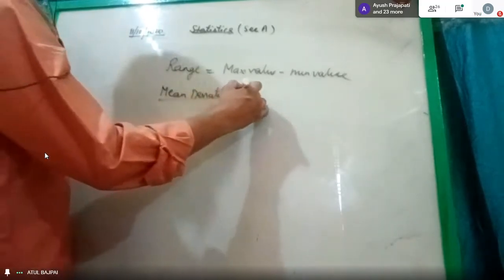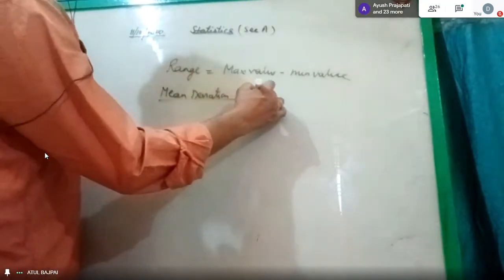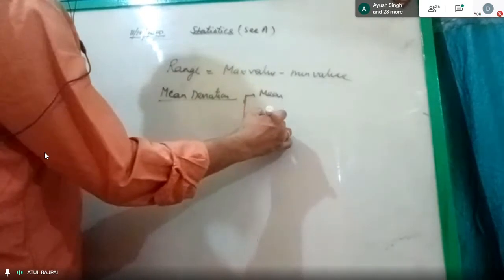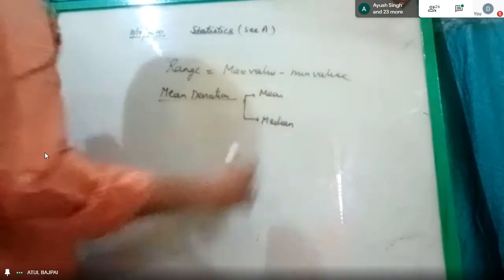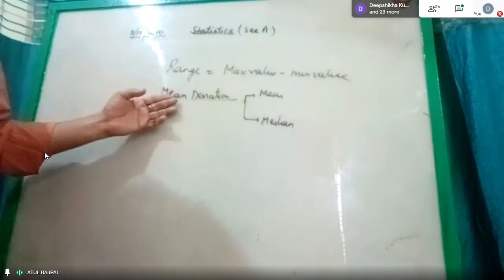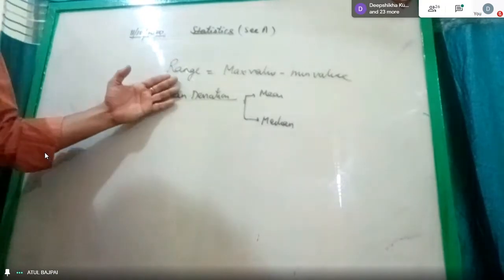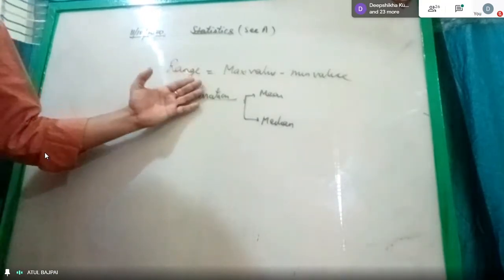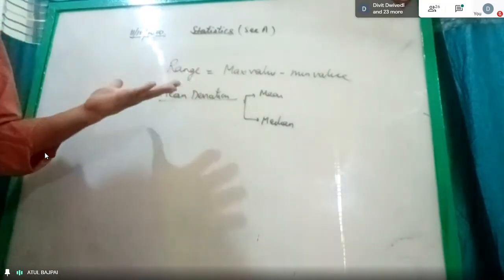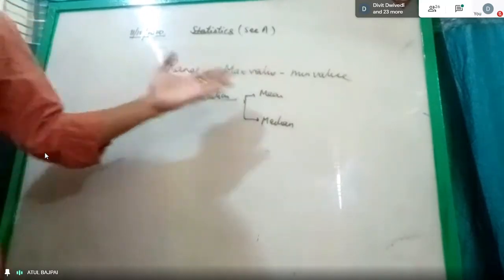Mean deviation means mean of the deviation, and it can be mean deviation about mean and mean deviation about median. We have to find the mean of what? Of the deviation. Deviation from what? Deviation from mean, deviation from median.